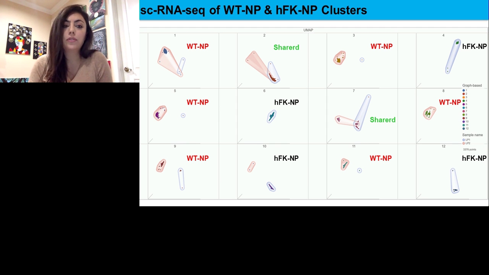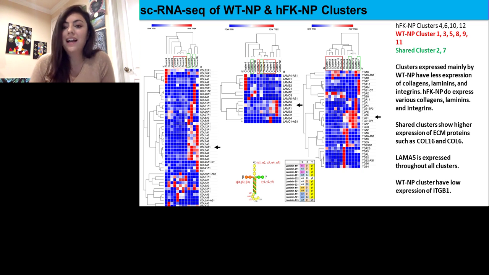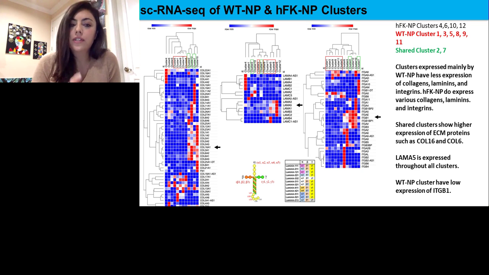So next, we wanted to test the expression of collagens, laminins, and integrins within the clusters. Interestingly enough, we identified that the clusters composed predominantly of Wilms tumor nephron progenitors, shown in red boxes, tend to cluster together.